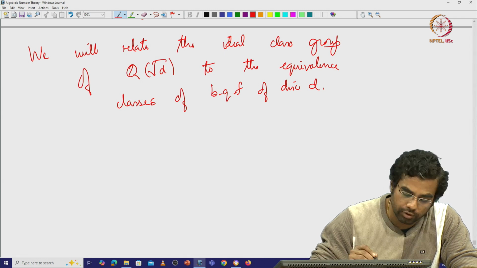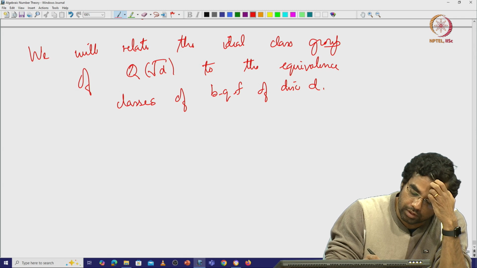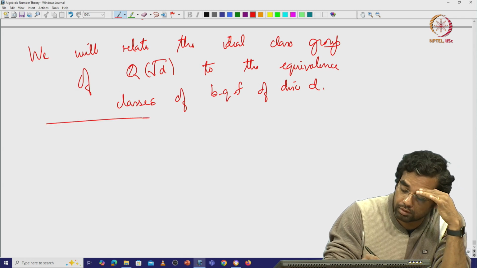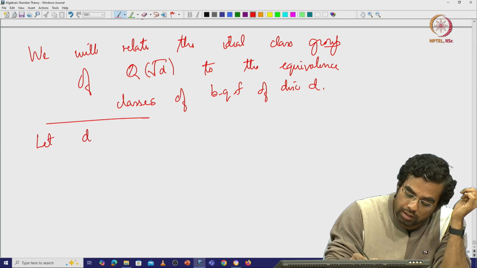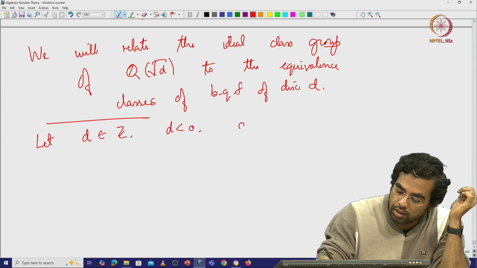Yes, so we can do the following, right. So, let d be an integer, d less than 0 and d is congruent to 0 or 1 mod 4, right.